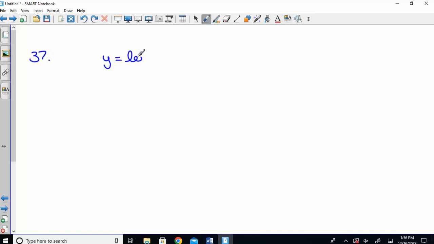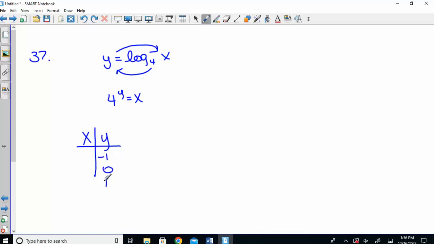And 37. How do we graph a log? If you change this to exponential, you have 4 to the y equals x. And we know when we graph exponentials, we've used negative 1, 0, and 1 for the exponents.